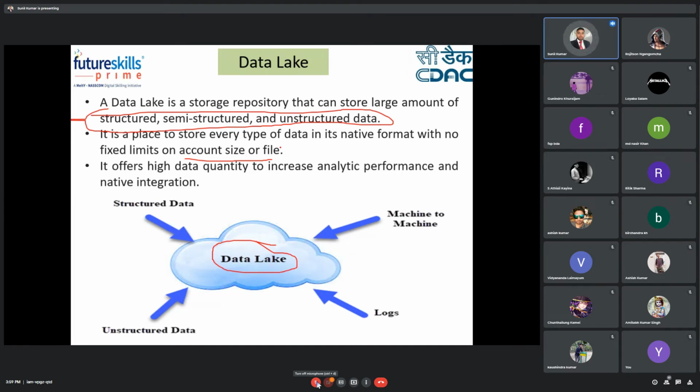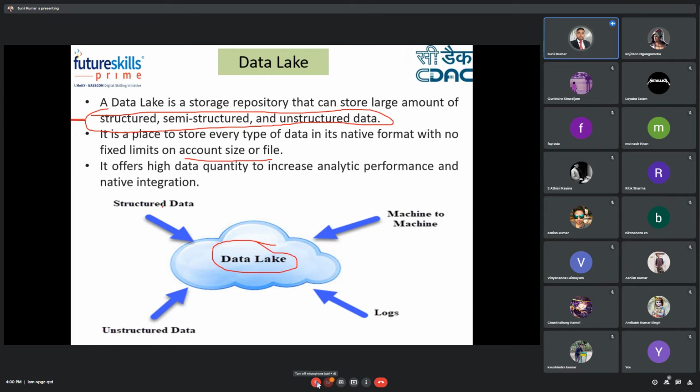So this is the limitation. If you have a size more than 25 MB, then what do you have to do? You need to upload this data into your drive and share the link of your drive. So data lake is the concept that resolves the problem of fixed data limits, and now you can store and perform analytics on all kinds of data in a single storage.